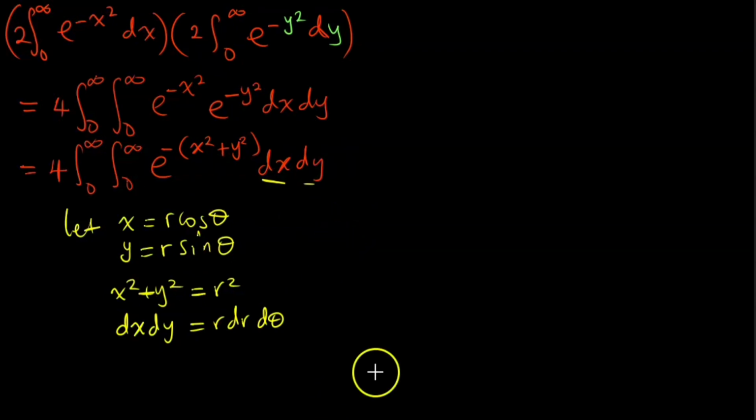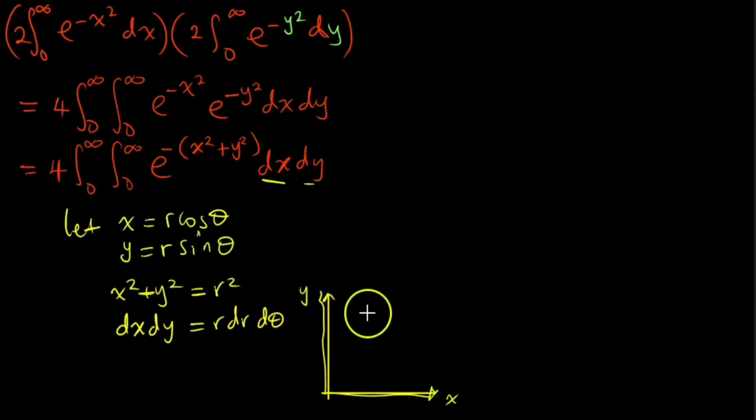Let's visualize the Cartesian plane a little bit and see how we relate it with the polar plane. Given a Cartesian plane where this is the y-axis and this is the x-axis, the x value changes from 0 to infinity, and the y value, that is this second integral, changes from 0 to infinity. In other words, we're looking at the first quadrant.